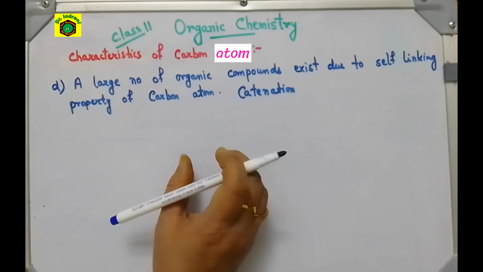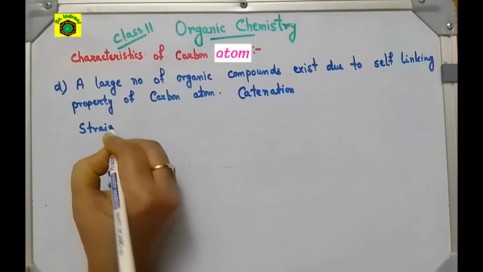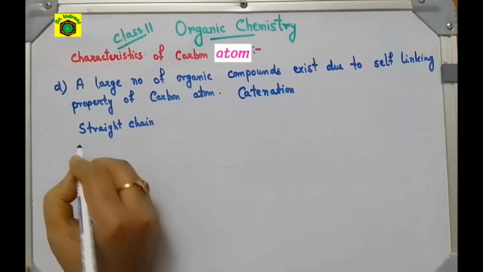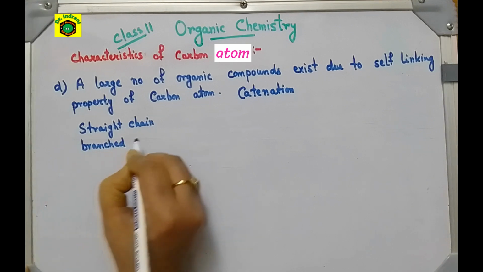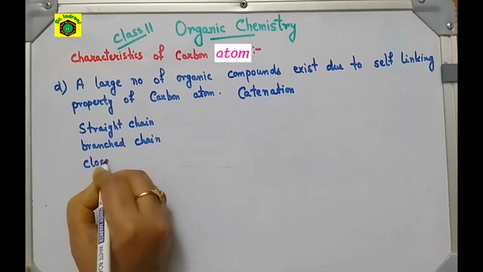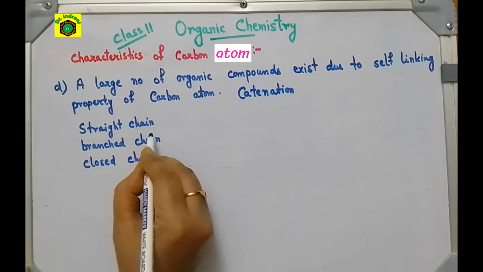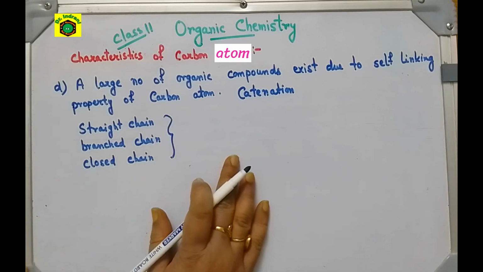So you can note down, due to this property of carbon, we get a large number of straight chain, branch chain, and closed chain covalent compounds. In all these compounds, carbon is tetravalent.